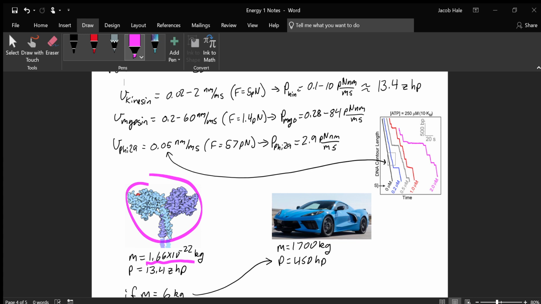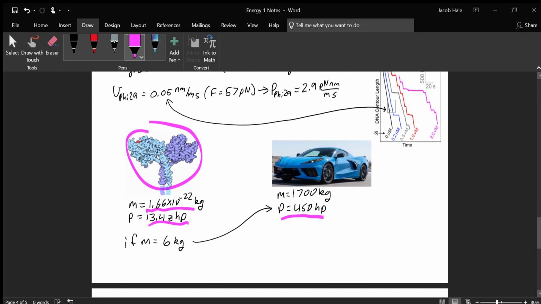So it's crazy small, and it has a crazy small power. My question is, how much would this kinesin molecule have to weigh to have the same power as this Corvette? And the halfway hidden answer is it only has to weigh 6 kilograms.